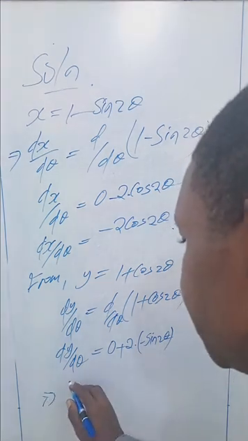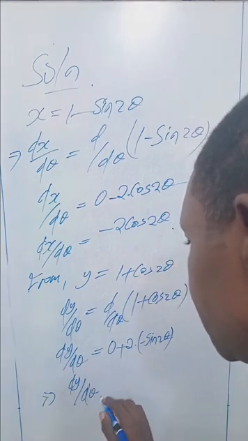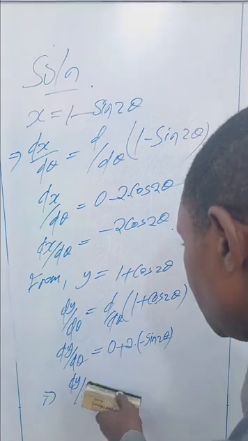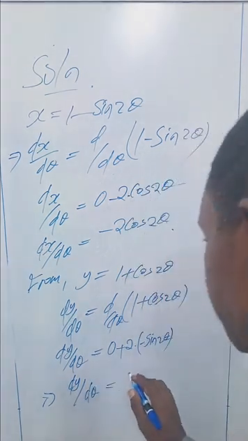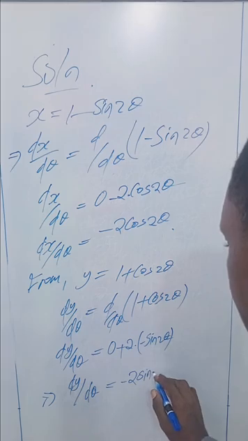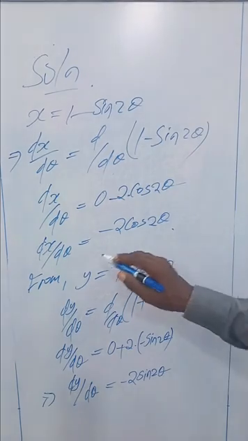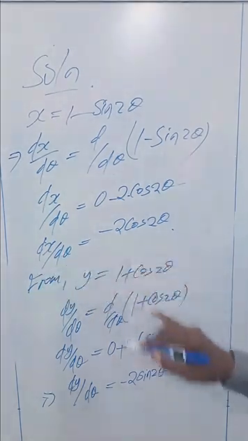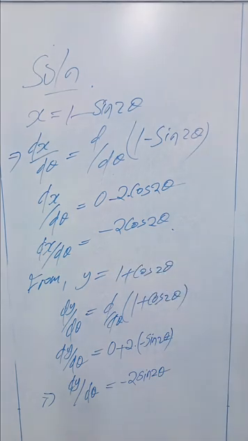So this gives us dy/d theta equal to negative 2 sine 2 theta. So we have the value of dx/d theta equals negative 2 cos 2 theta, and here we have dy/d theta, which equals negative 2 sine 2 theta.